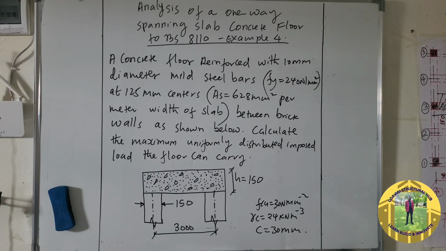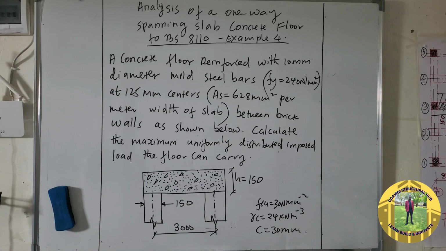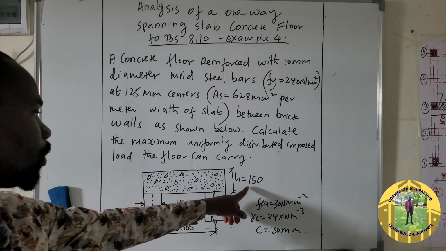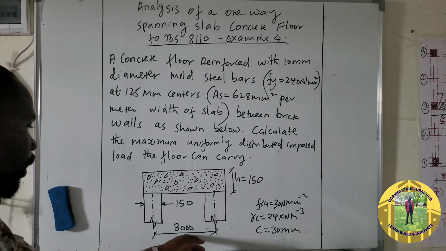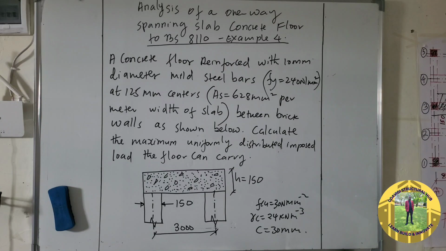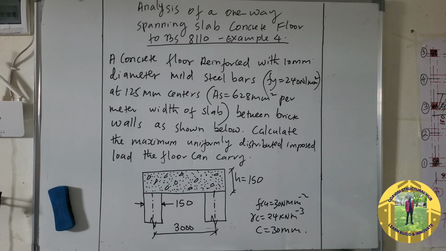So this is the section. The thickness of the slab is 150, so this is the overall h. And the center to center distance between these two walls is 3000 millimeter, and the thickness of the wall is 150 millimeter.